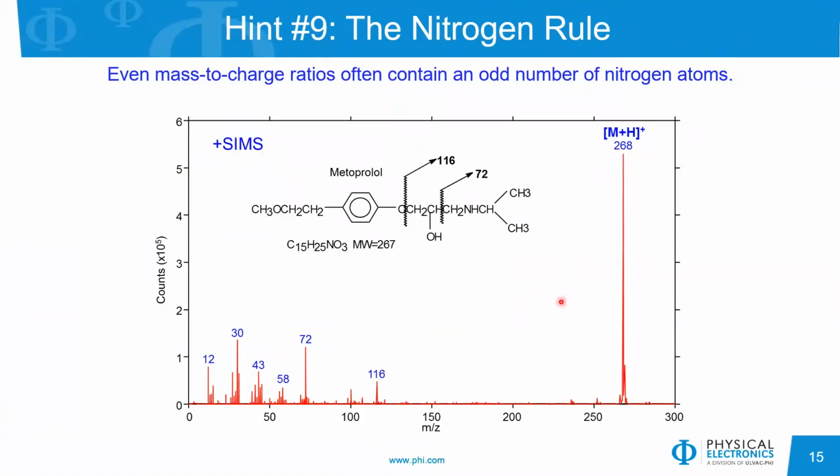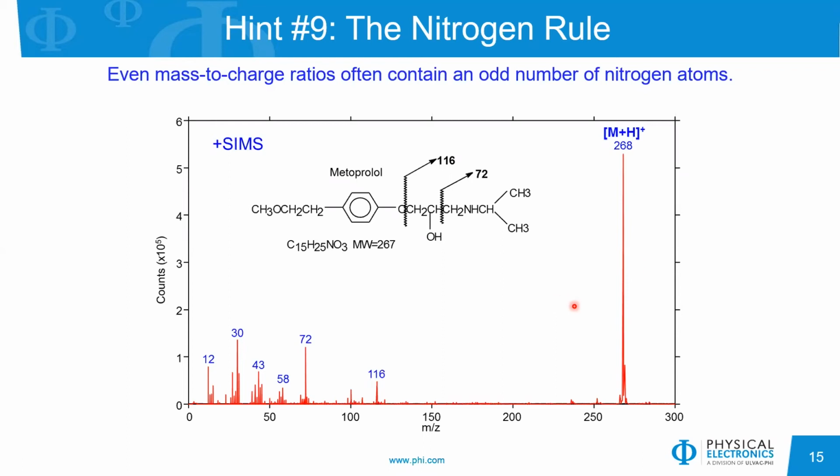Also in TOF-SIMS, many of the typical rules for interpretation of mass spectra still apply. So probably the biggest one is the nitrogen rule. What the nitrogen rule says is that if you have a peak in the positive ion polarity that shows up at an even mass, then it is quite typical that that ion will contain an odd number of nitrogen atoms.